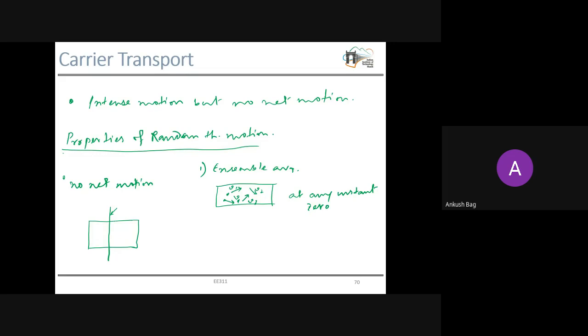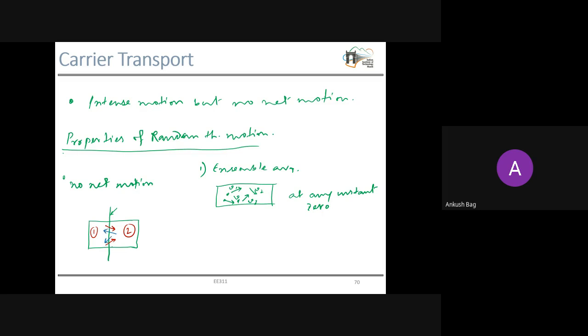If we observe the motion of carriers across this plane, let me draw. Say this is region 1 and this is region 2. Two carriers are moving, just assume, from left to right, and at the same time a few carriers will go from right to left.